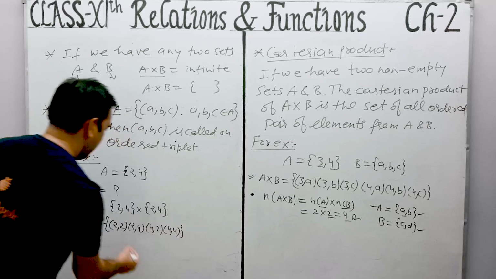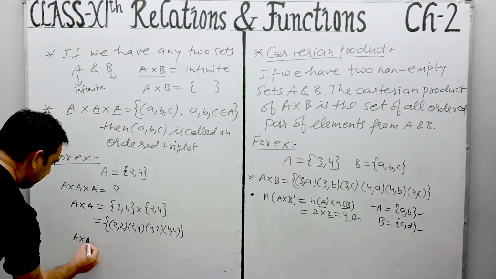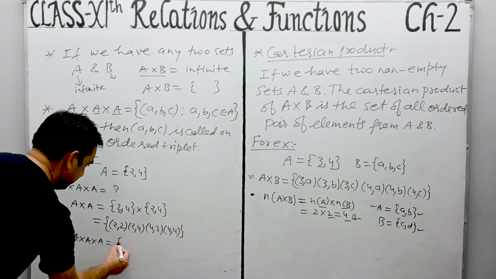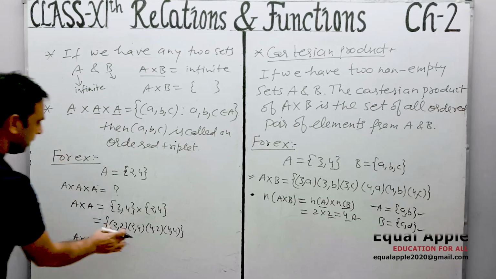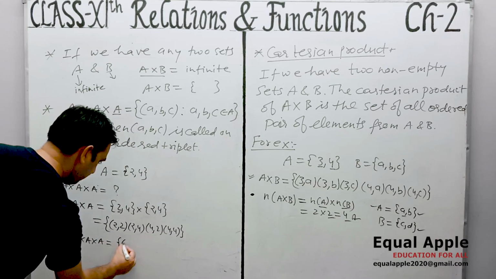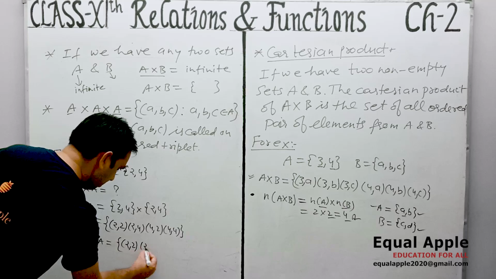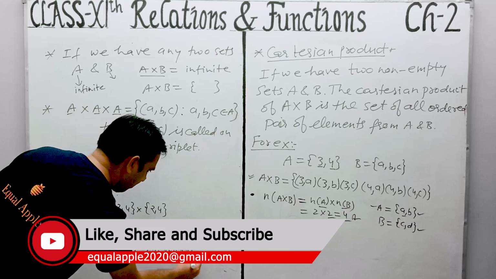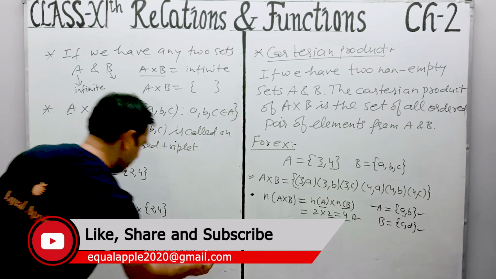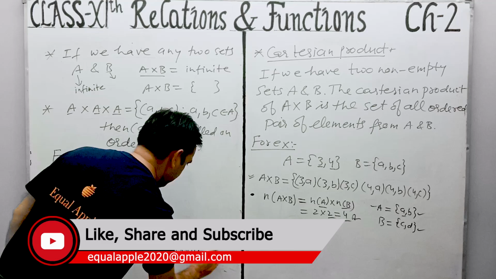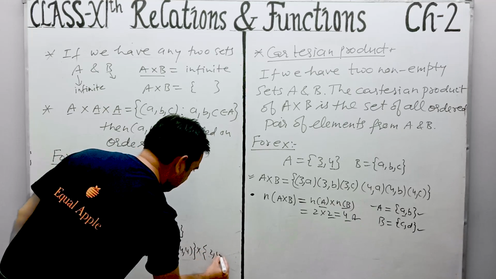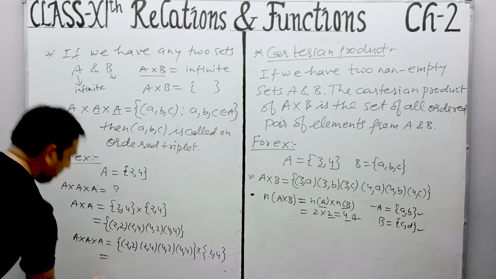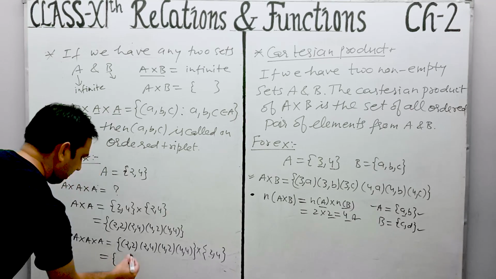Now again we will multiply A with A. Here we need to multiply 2, 2, 2, 4, 4, 2 and 4, 4 with 2, 4. So here we can form the ordered triplets.